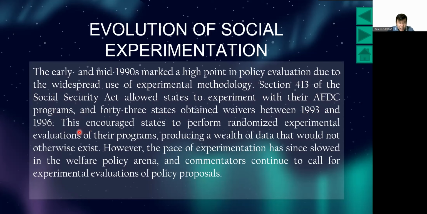This encouraged states to perform randomized experimental evaluation of their programs, producing a wealth of data that would not otherwise exist. However, the pace of experimentation has since slowed in the welfare policy arena, and commentators continue to call for experimental evaluation of policy proposals.